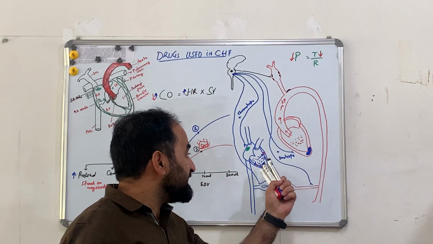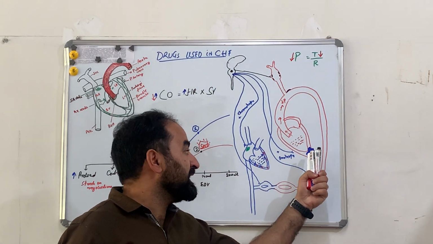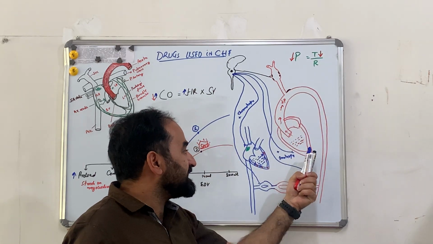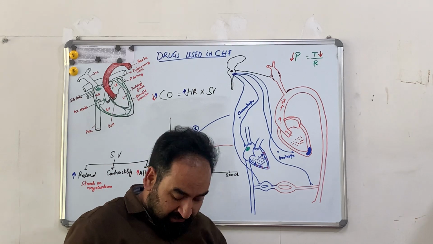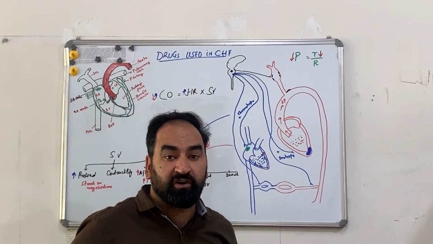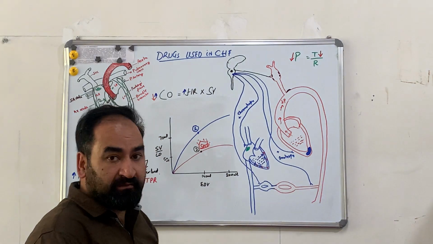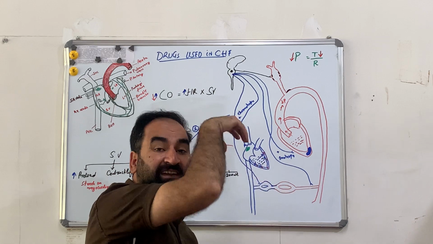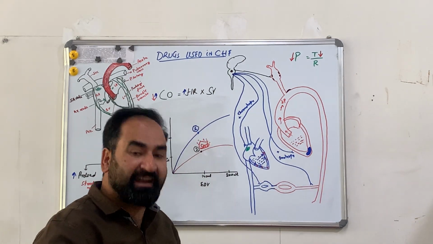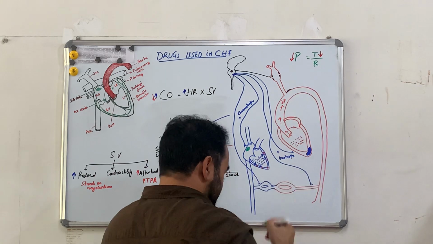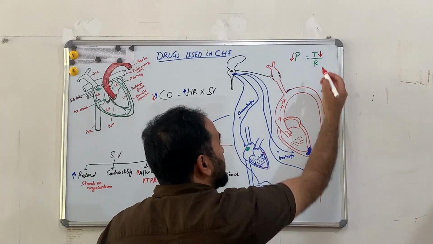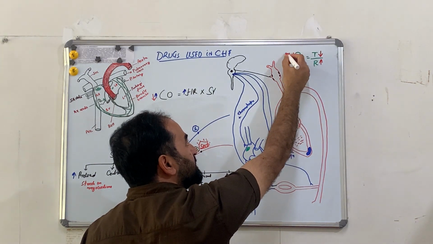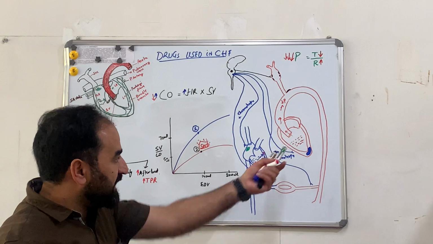But remember, this heart has weak myocardial tension, so it is not able to generate the contraction fully. At the same time, when you fill the ventricle with blood, you are increasing the radius, and whenever you increase the radius, you are decreasing the pressure further. Again, a problem for the heart.